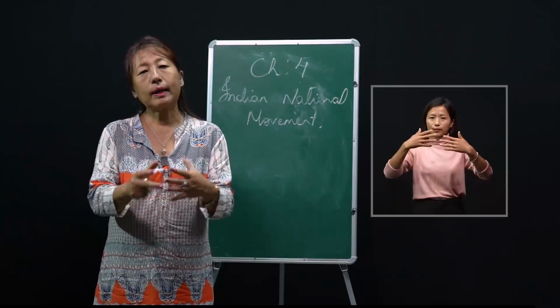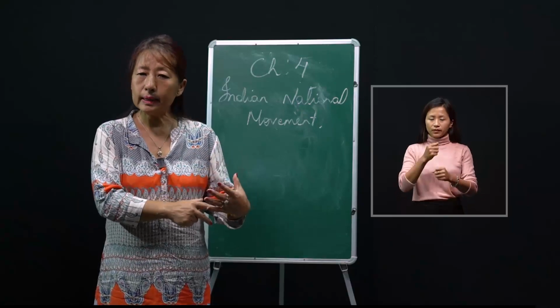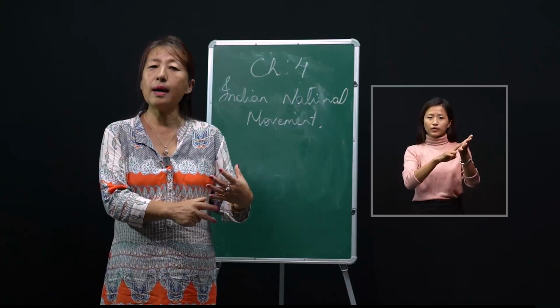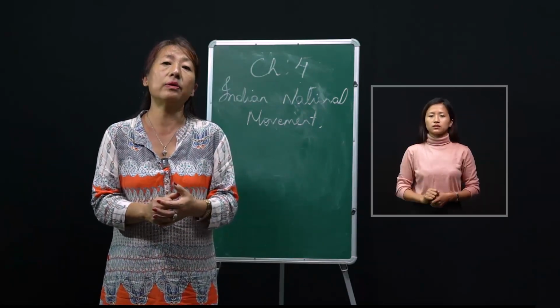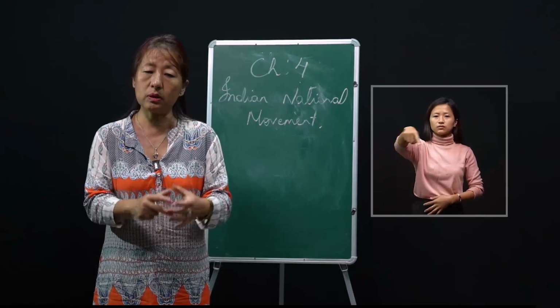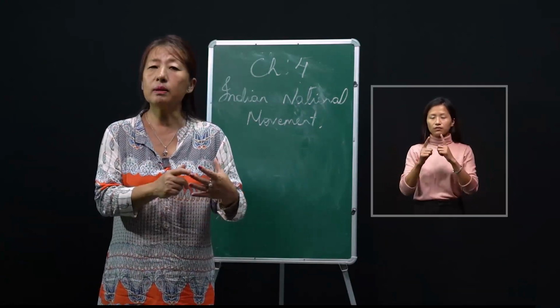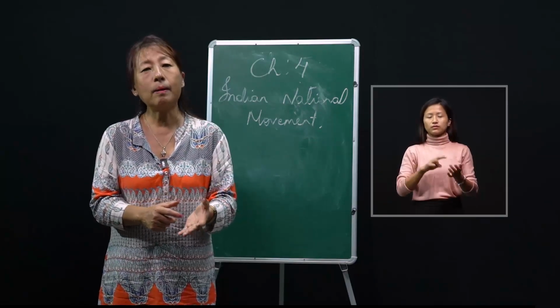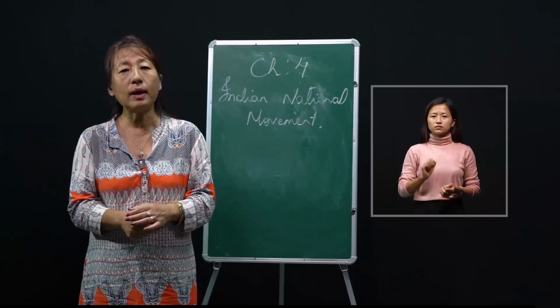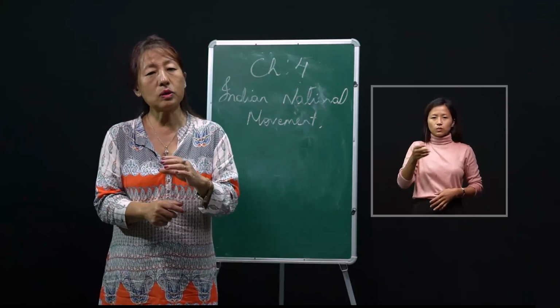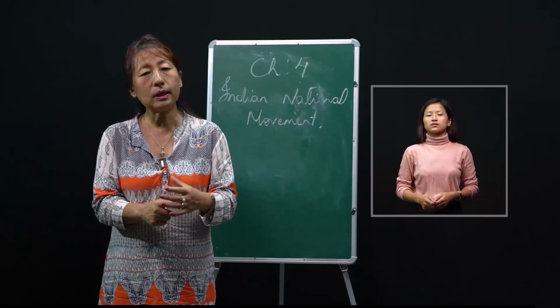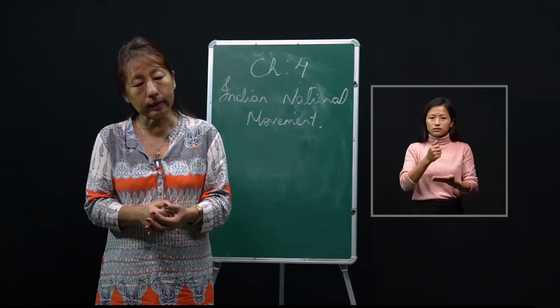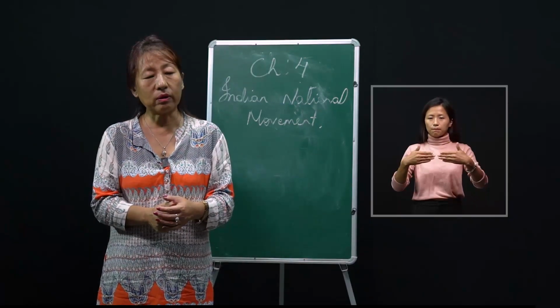Here, the Congress decided to attend the round table conference, which the Britishers were going to hold in London. In the beginning, the Congress was refusing to attend it, but because of the pact, Gandhiji decided that he would attend the first round table conference.